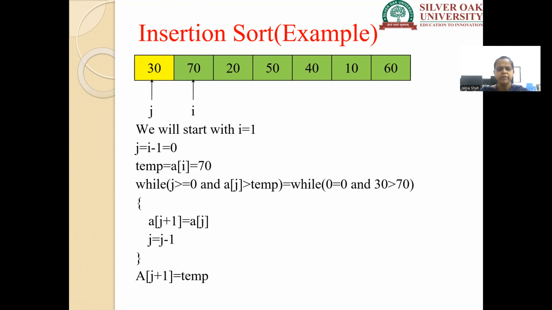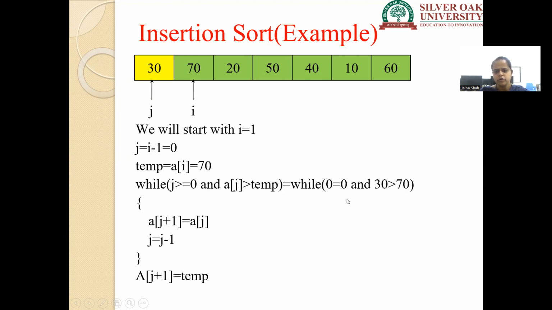So now here we will start with I equal to 1. J equal to I minus 1, that is equal to 0. Temporary equal to A of I, that is 70. Now let us take one comparison, that is while J is greater than or equal to 0 and A of J is greater than temporary.